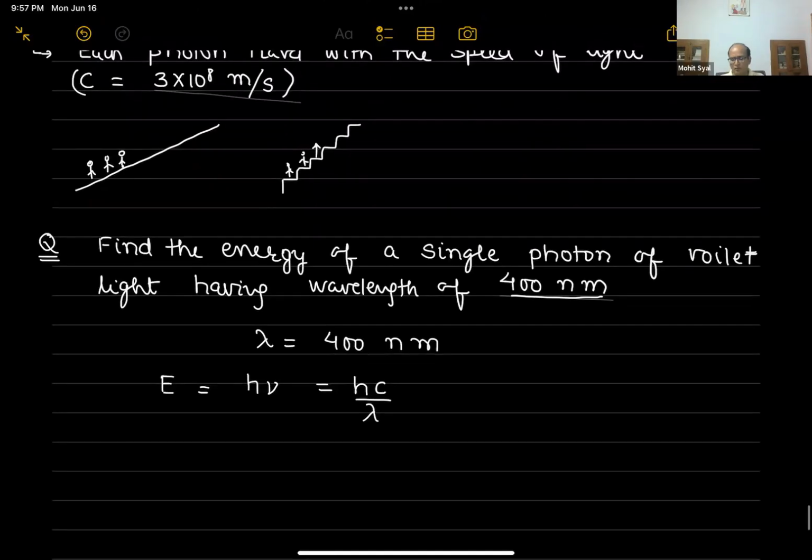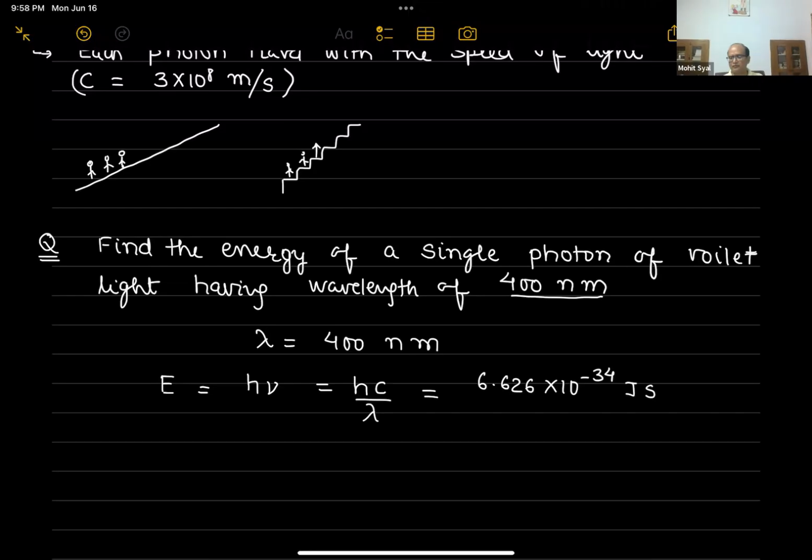So I need to put the values. What values do I have to put in place of h, in place of c, in place of lambda? h is 6.626 into 10 to the power minus 34 joule second.